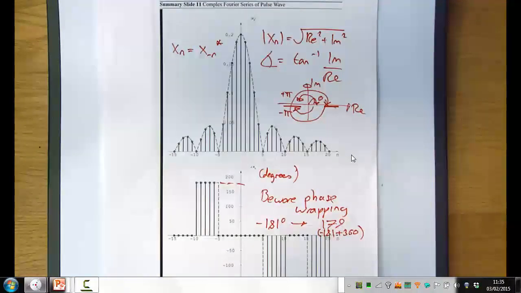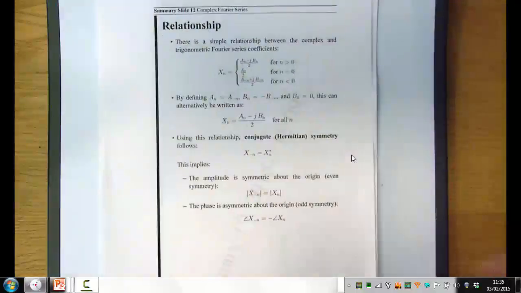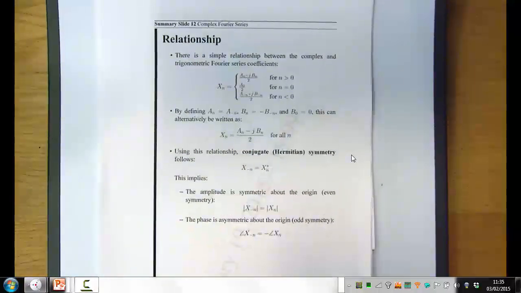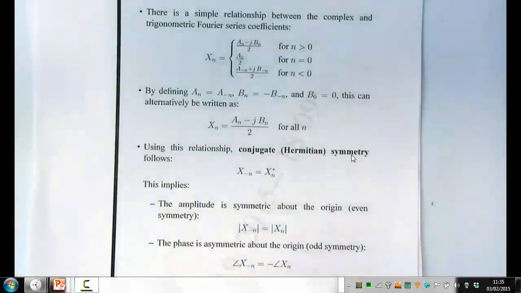Some of the properties of the Fourier coefficients were then listed on slide 12. So I think maybe you can go and have a read of that. But remember, on an earlier slide, I came up with an equivalence between the complex Fourier coefficient x of n and the trigonometric Fourier coefficients a(n) and b(n).